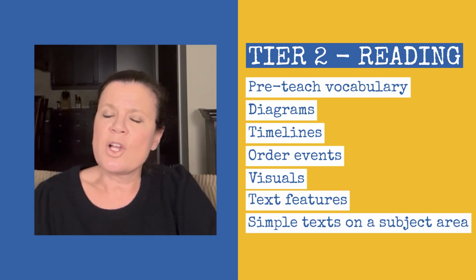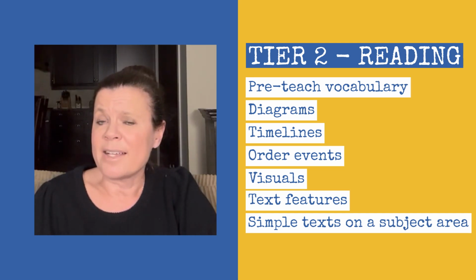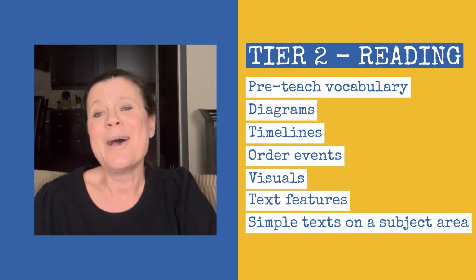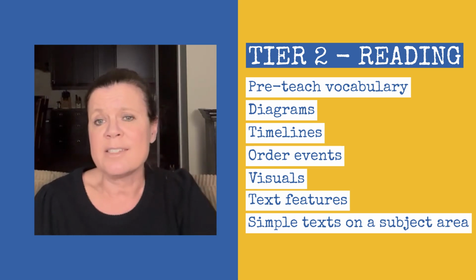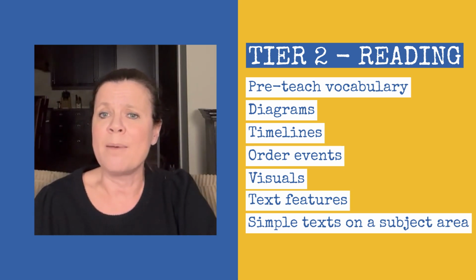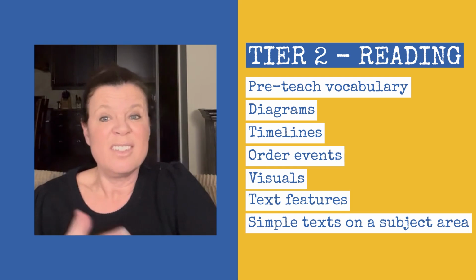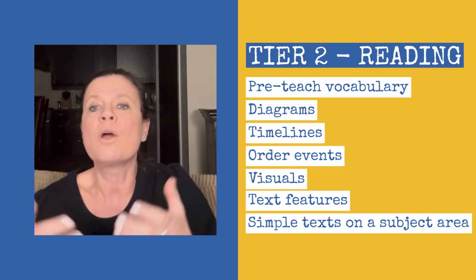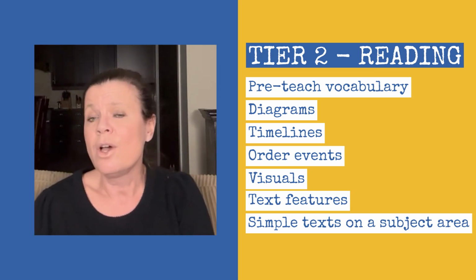Other great ideas are diagrams to accompany text. So for example, in science, if you're studying body systems and functions, if you can give them a diagram of a body that's labeled next to it, it helps them in figuring out more of what's happening in the text.